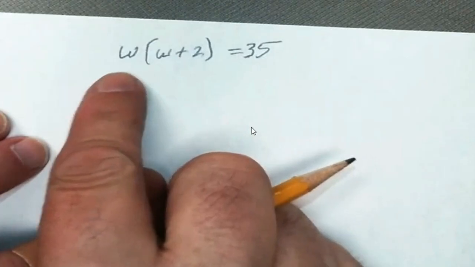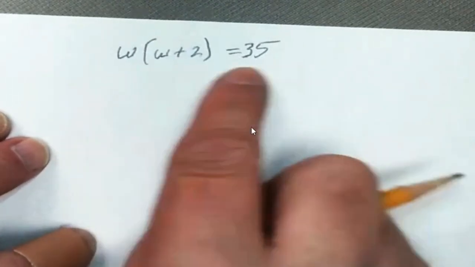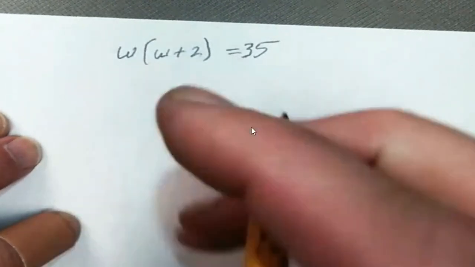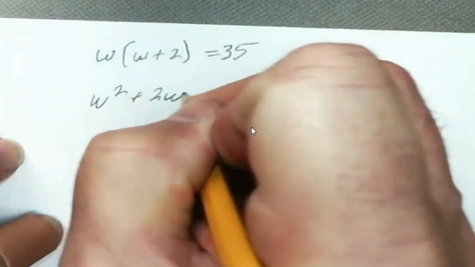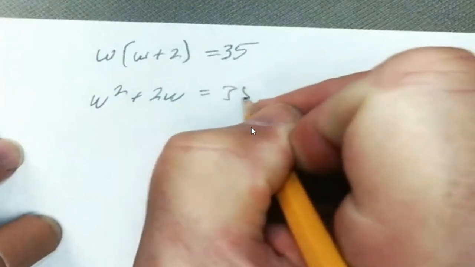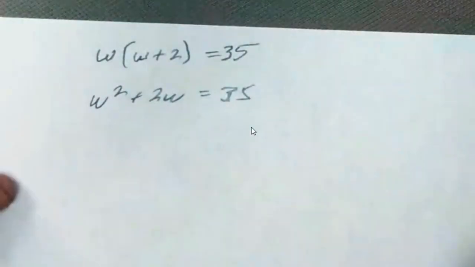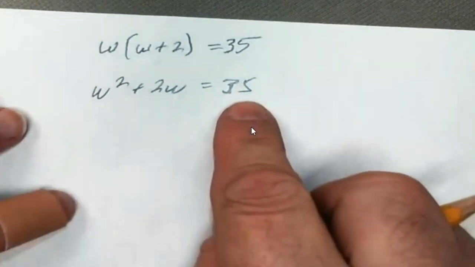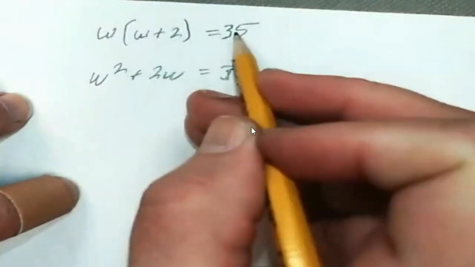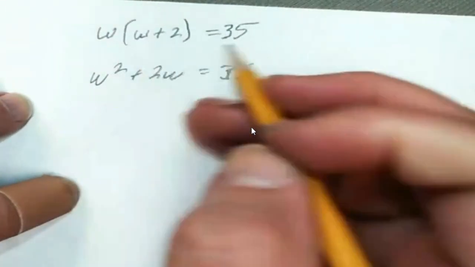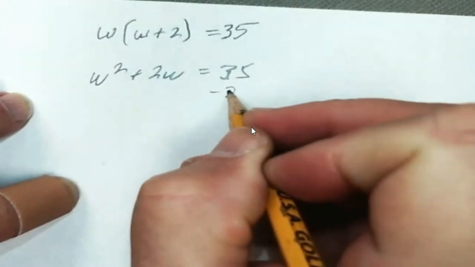So this is factored form, but this is a quadratic equation, because if we multiply that, we get w squared plus 2w equals 35, right? But this isn't set equal to 0, so it's not quite the factored form. So we've got to move the 35 over.